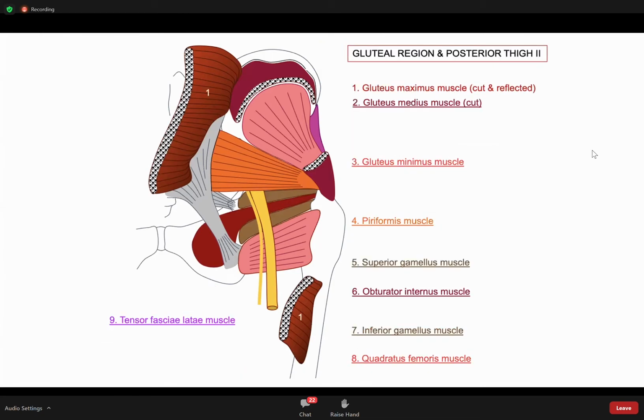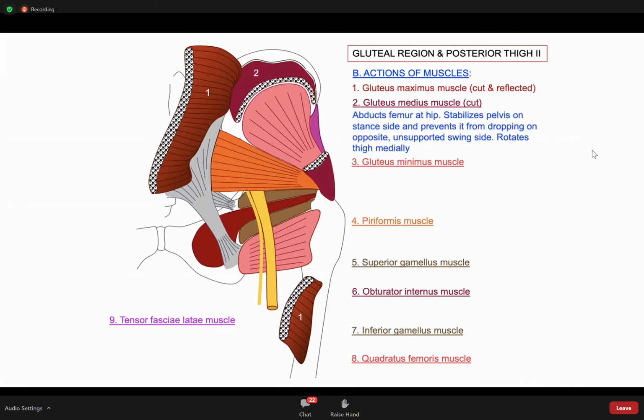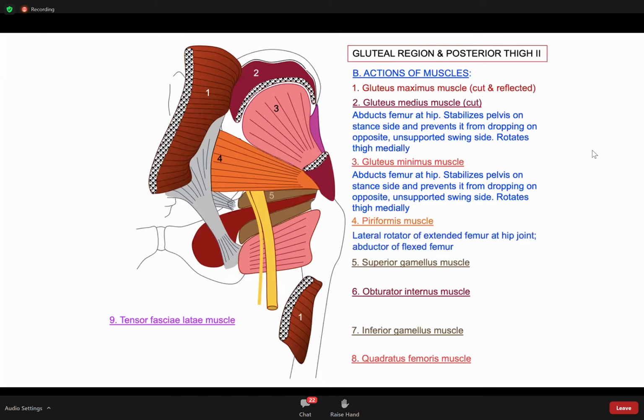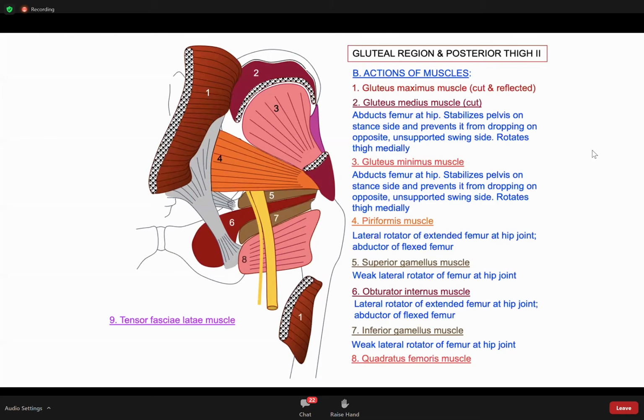Now, let's add up more things. Actions of these muscles. What are they doing for us? Let's review that. So gluteus medius and the other muscles, what are they doing? You have to know that. I'm not reading right now because you can read the slides. Maximus, minimus, what are their functions? All has been mentioned. Guys, remember, when I post my resource material, there are some tables.